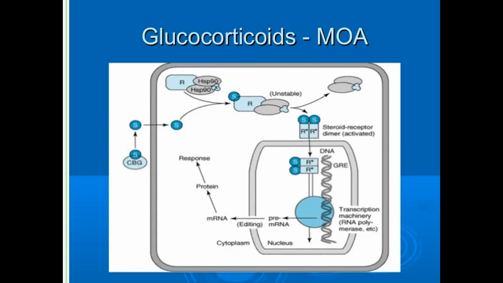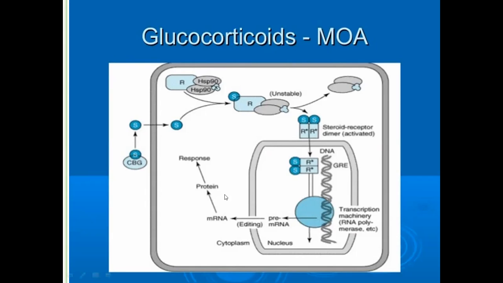So this is the mechanism of action of glucocorticosteroids. At the end we can say that in this pathway, transcription occurs, then mRNA transcription, then pre-mRNA editing, that is making RNA copies of the gene.